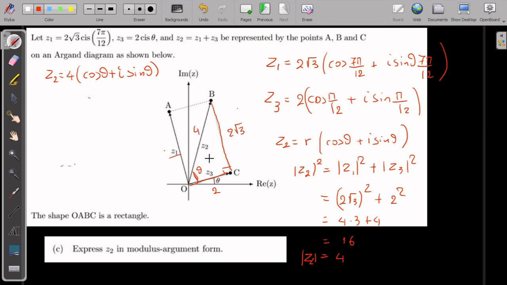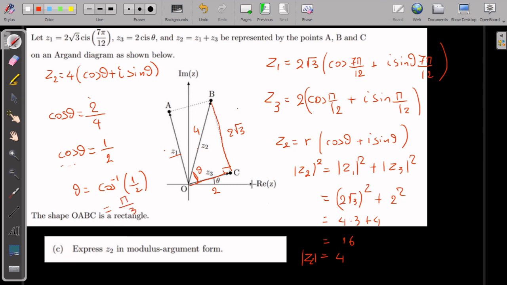So on this right angle triangle I can calculate cos theta, which is the adjacent 2 over 4, the hypotenuse. So cos theta is 1 over 2, and using the inverse, theta is pi over 3. Yes, it is pi over 3.